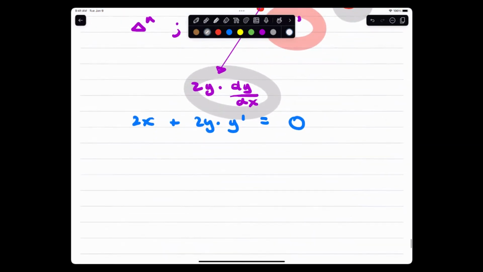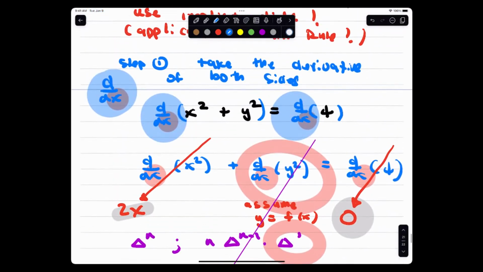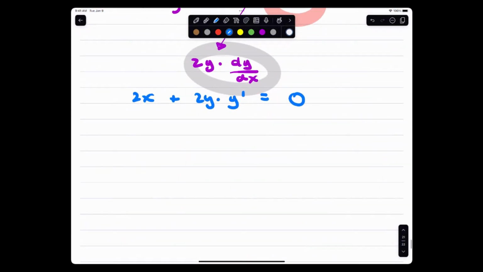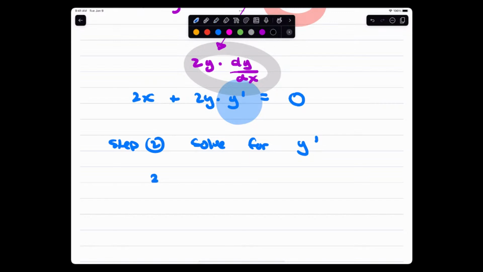Okay? Now here's the second part. That was step 1. Step 2. It's really a two-step process. You solve for what? Y prime. Y prime's right here by the chain rule. So how would you guys solve this for y prime?